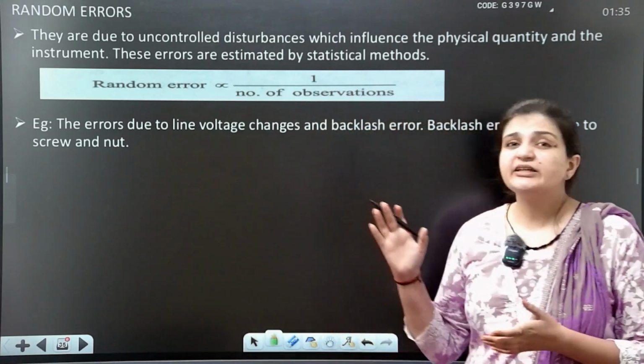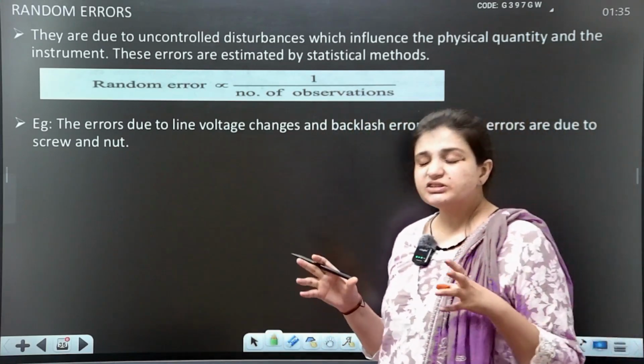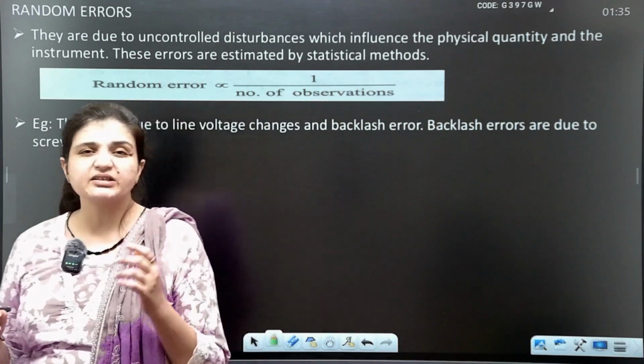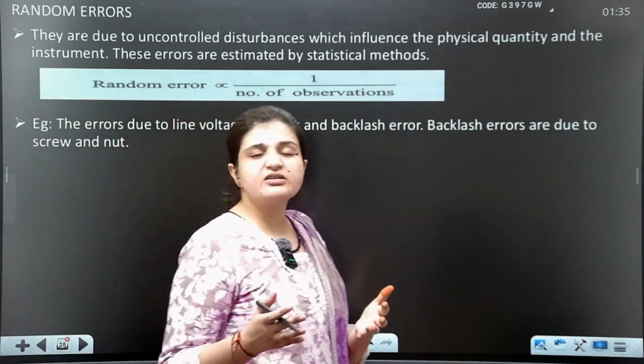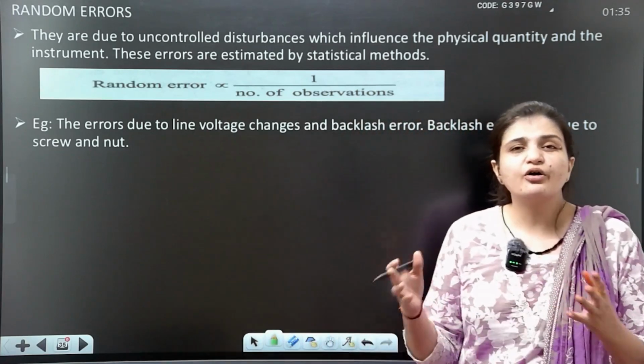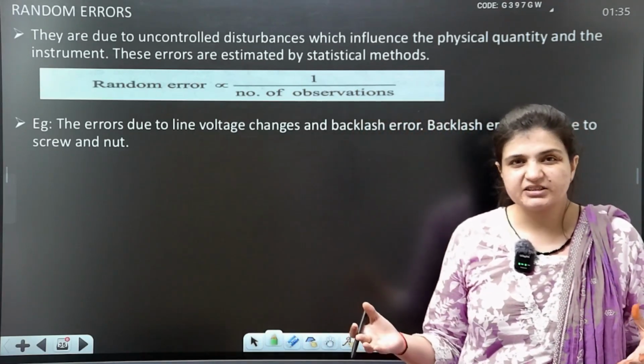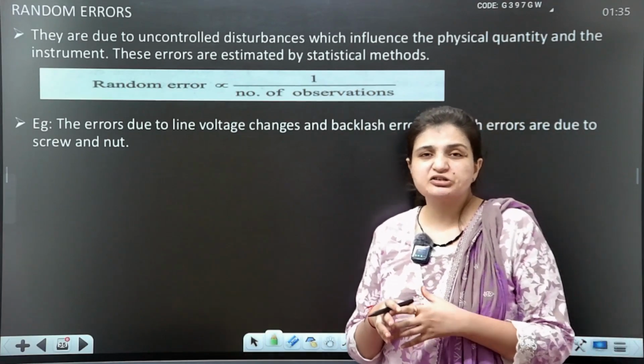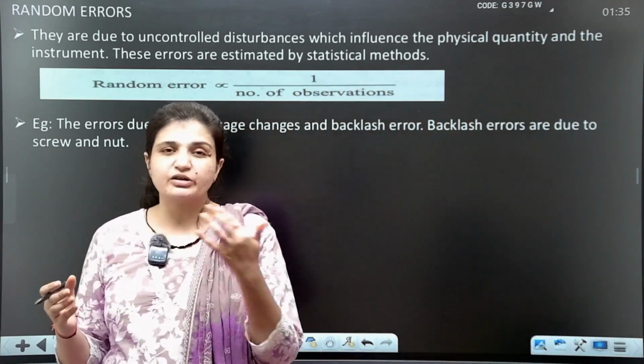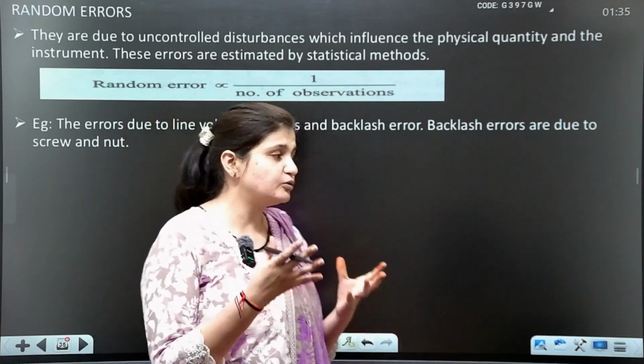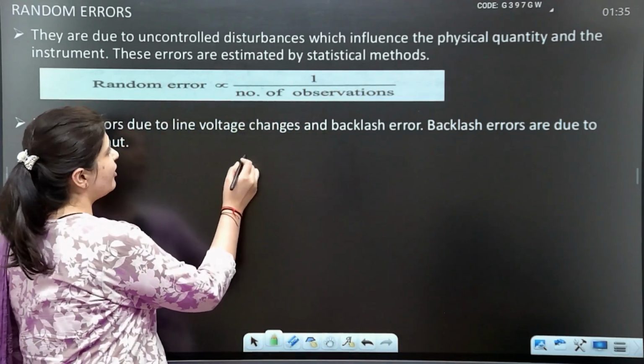Now random errors. So now students, what are the random errors? This is the second type of errors. These random errors are those errors for which we do not know the reason behind them. There can be a certain change in the instrumental voltage, like if we are performing Ohm's law.